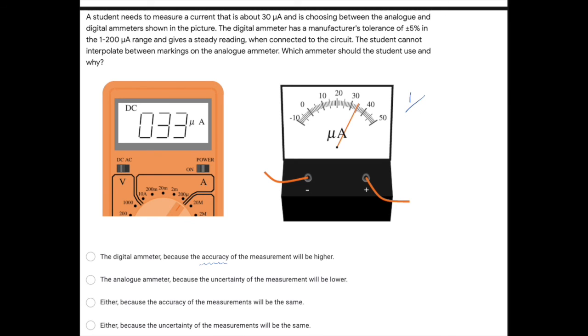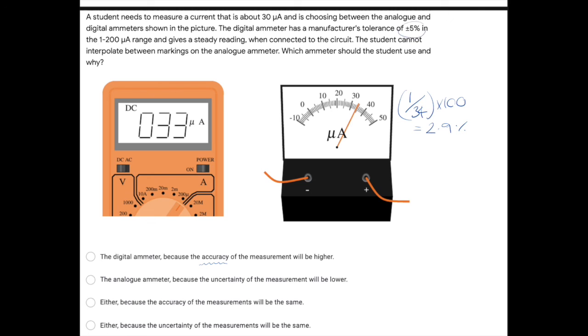If we divide that by our actual value, which is about 34 microamps, and then multiply that by 100, we end up with a value of 2.9%. So the percentage uncertainty from the measurement on the analog meter will be 2.9%.